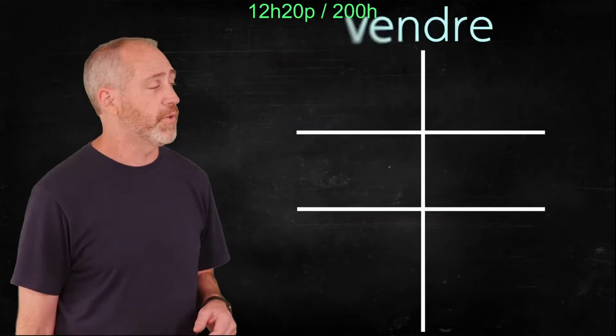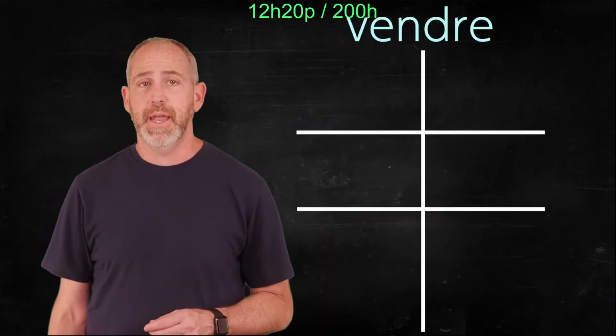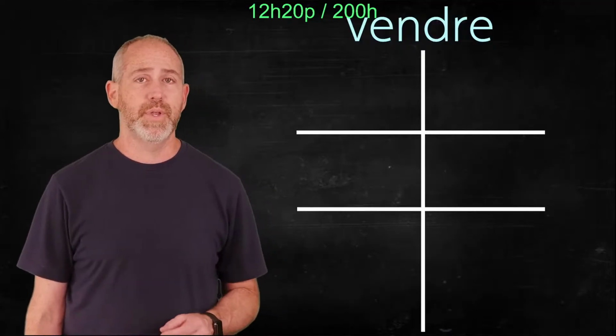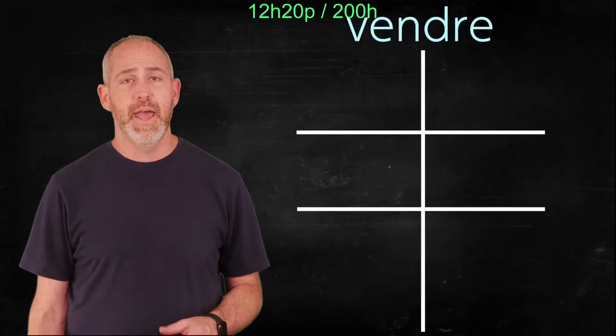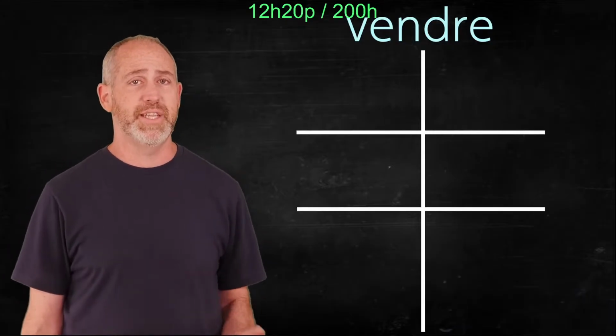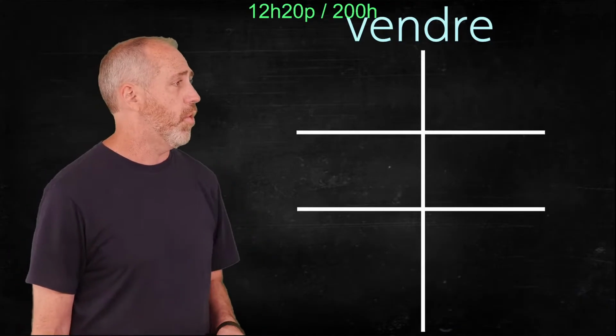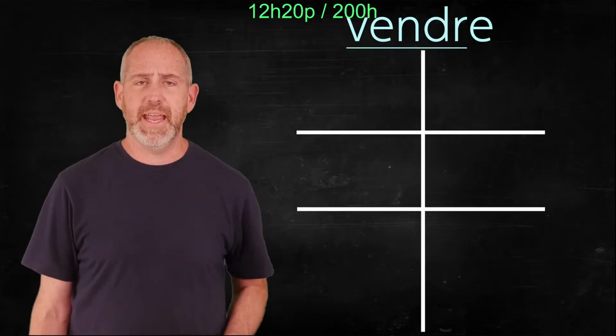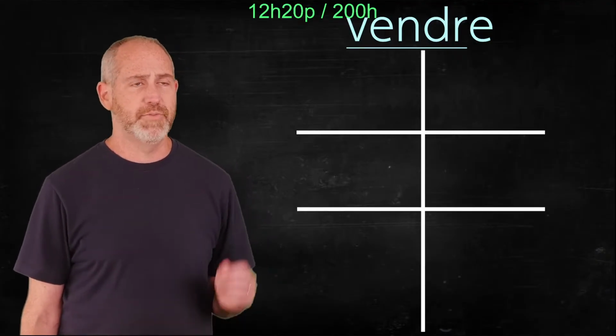Let's do the verb vendre, to sell. Okay, remember that root when we did vendre, since it's an RE verb, last episode I told you in RE verbs, you just take off the E. So all we got to do is take that VENDR, that's our root, and just put those endings.